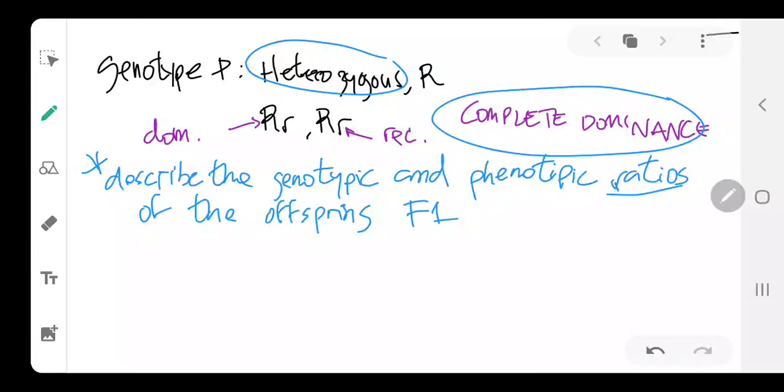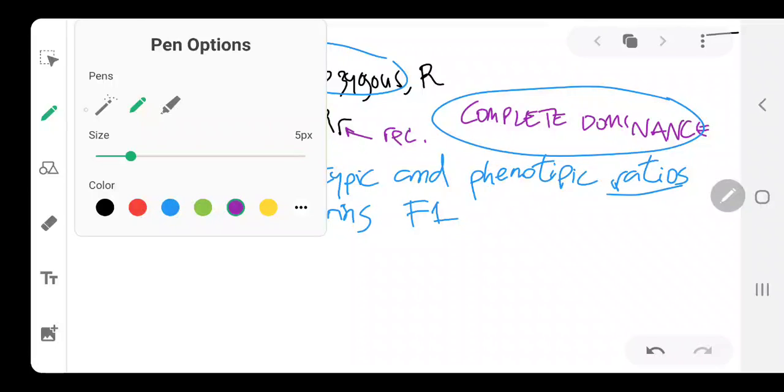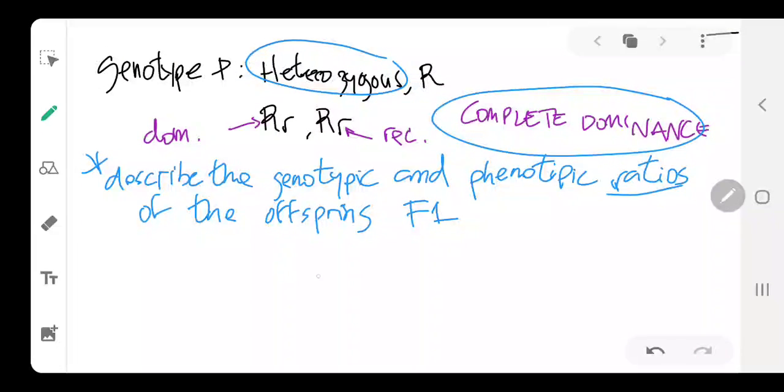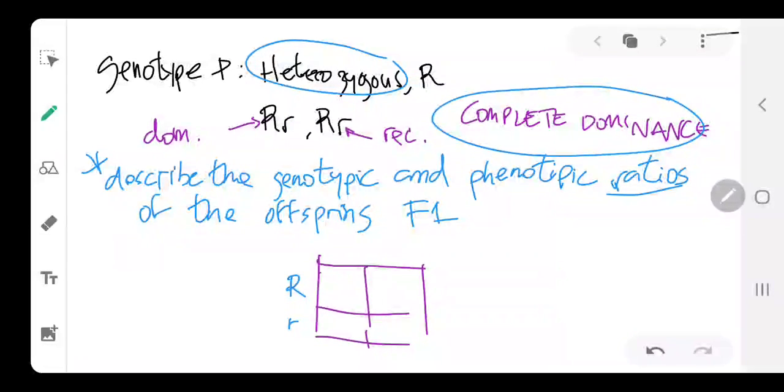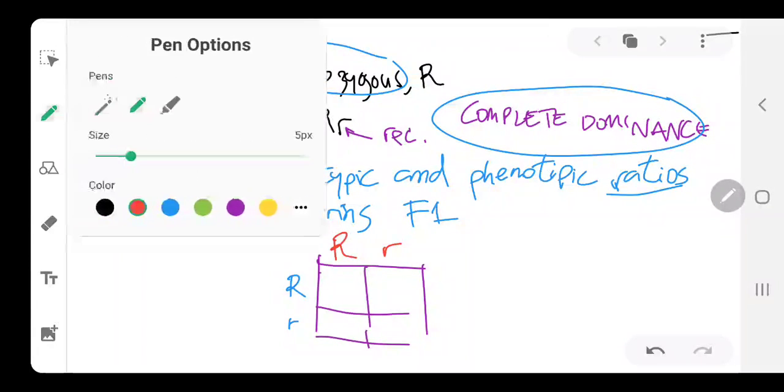Now we build our Punnett square, which is simply a table, and in that table we populate each allele of each parent on either side of the Punnett square. On the left we put dad, and on the top we put mom.